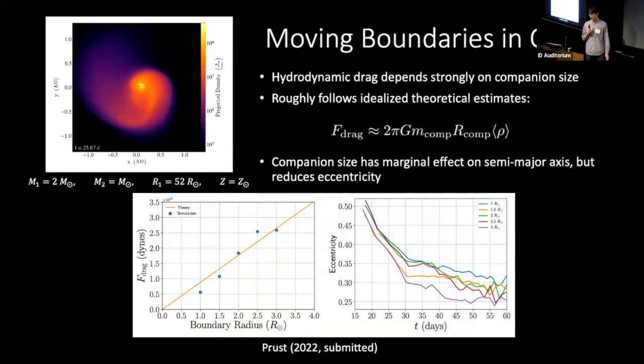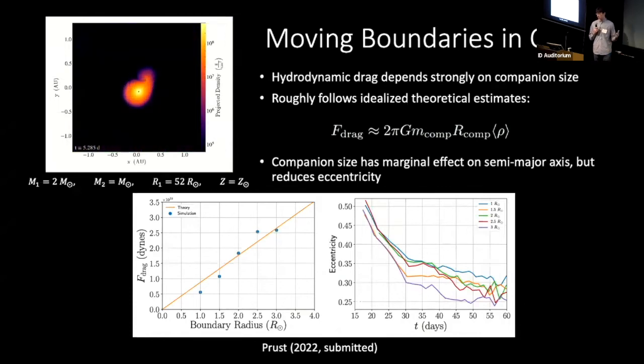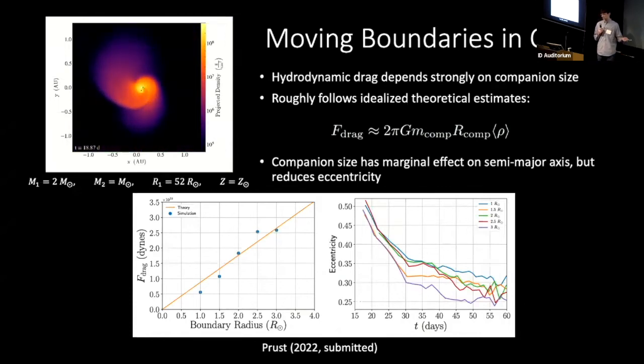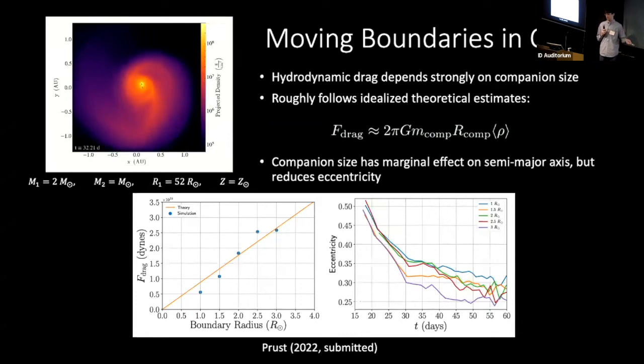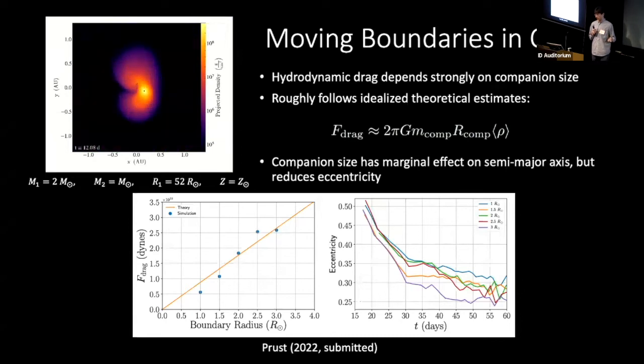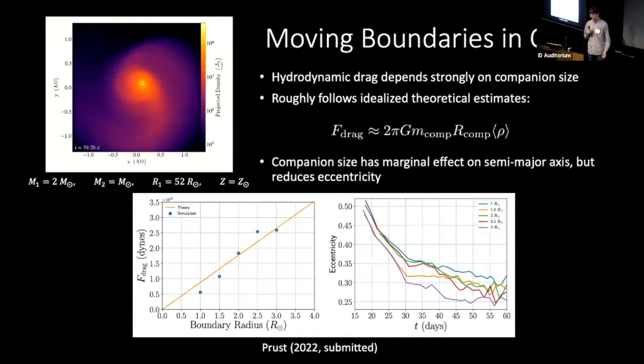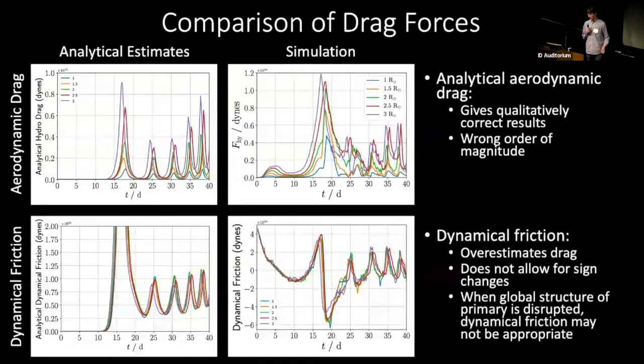And we find that this drag does have real consequences for the dynamics of the spiraling, as we see that for larger companion objects, the eccentricity is lower. So larger companions tend to circularize their orbit more easily. This is because they experience more drag at periapsis. And when you apply drag at periapsis, that tends to circularize the orbit. I'll skip that for time.